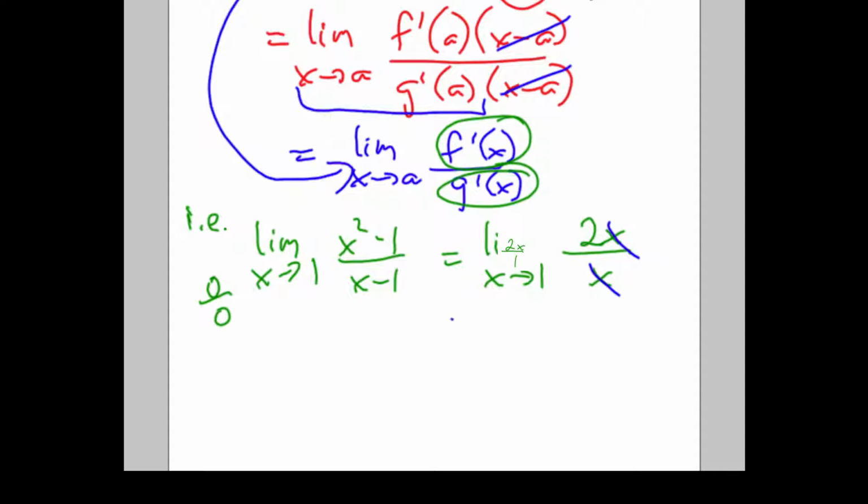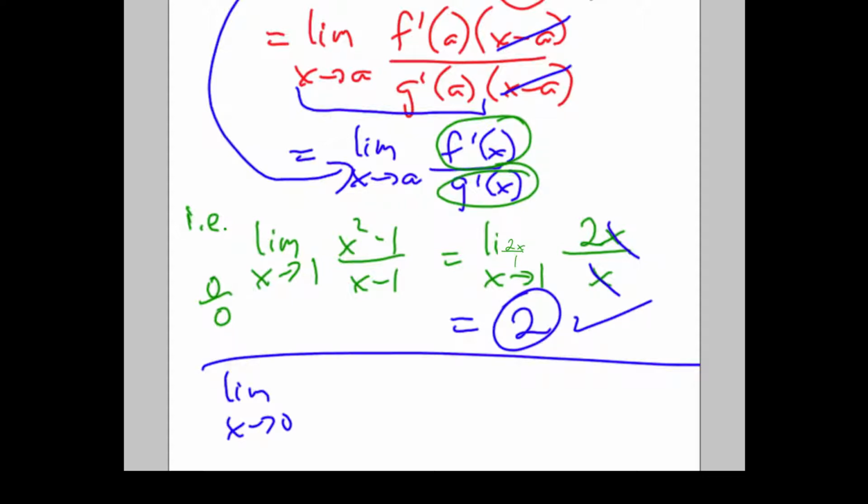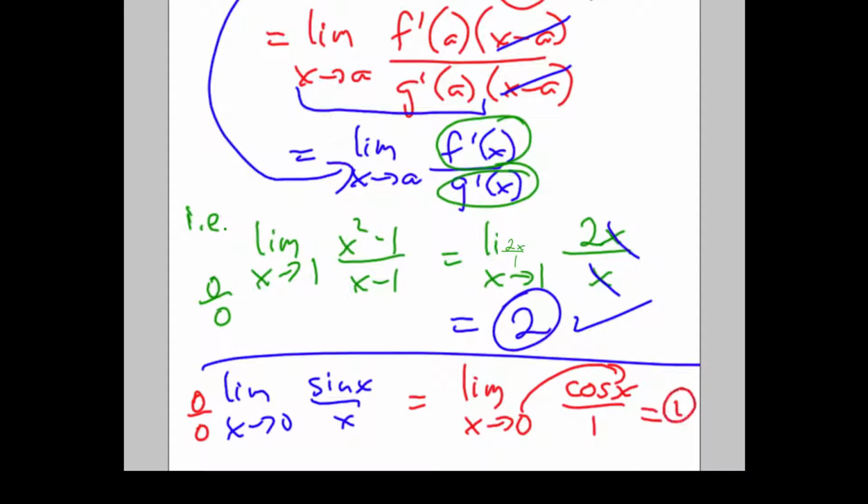As x goes towards 1, the limit goes towards 2. Let's try it with sine x over x. Again, ensure we have an indeterminate form, 0 over 0, we do. So we simply need to do the derivative of the numerator, which is cos, over the derivative of the denominator, which is 1, make x approach 0, and we get an answer of 1.